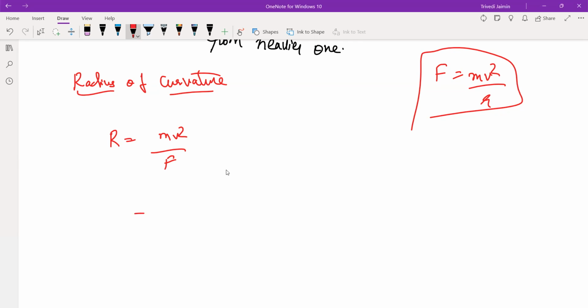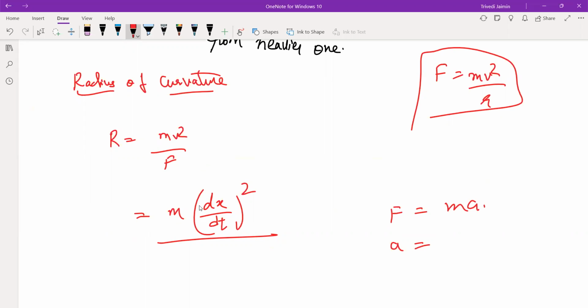Now here, instead of v, we can write dx by dt, square. Yes, we can write that. And here I can write force equals m into a.